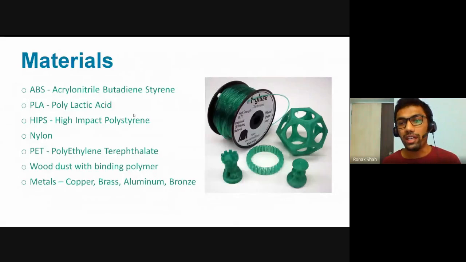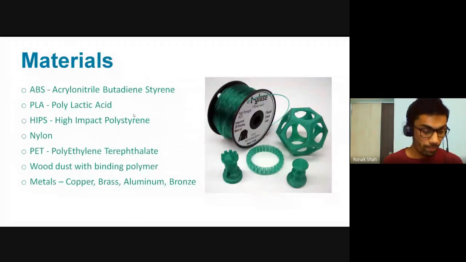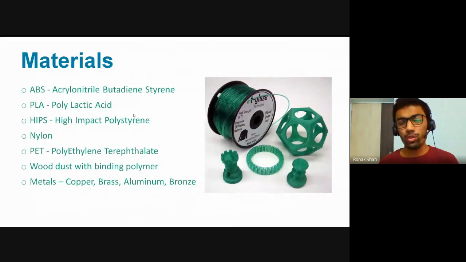So the parts printed are lighter, and they are a little bit flexible in nature. This material is used for the FDM process, and pulling the material from the spool to the nozzle requires minimal force. The glass transition temperature for ABS is in the range of 220 to 250 degrees.